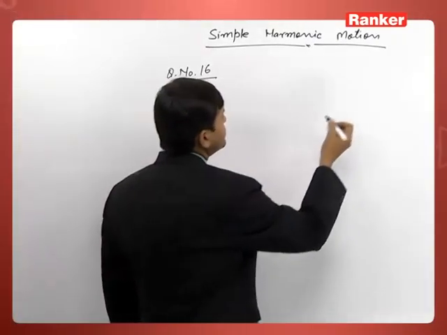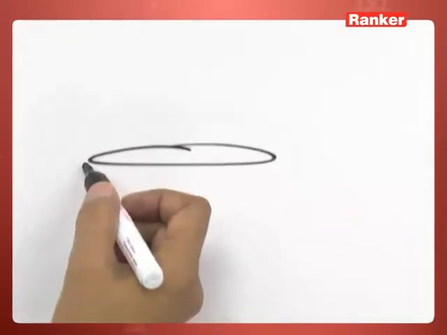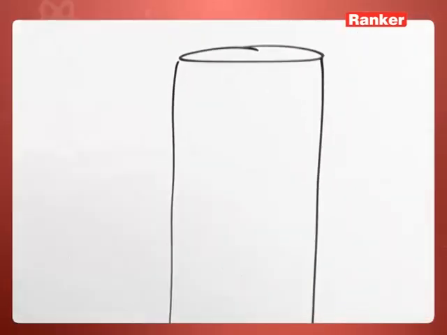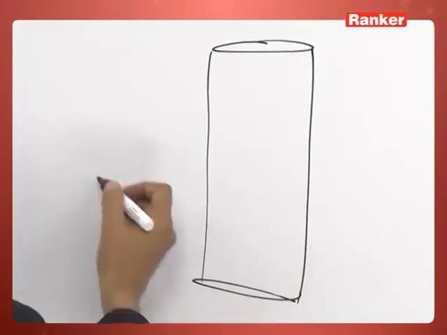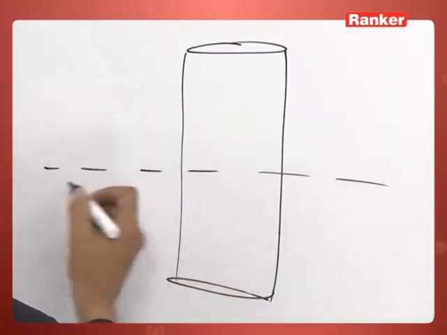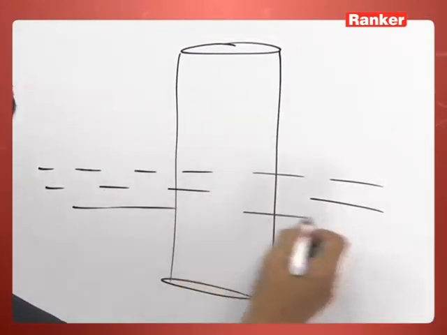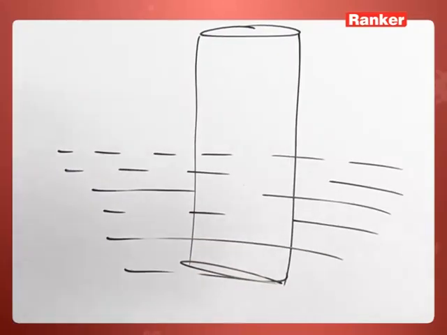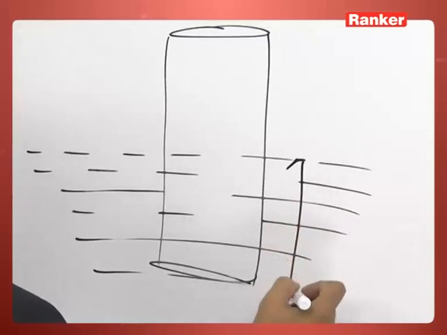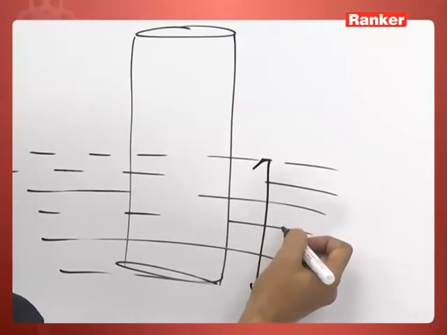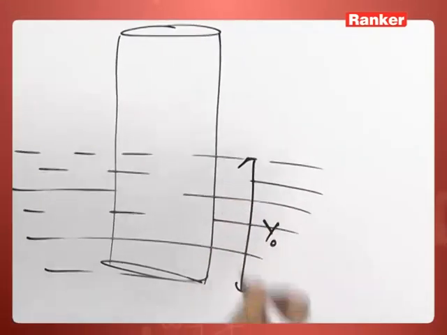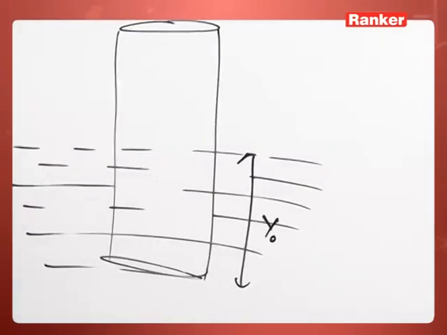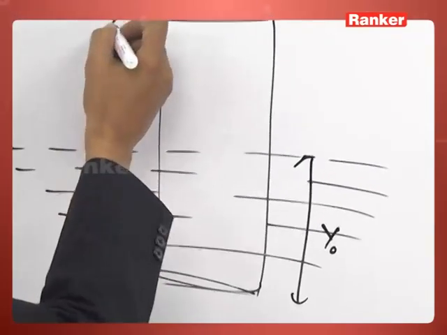It is given a log, right now it is floating on water. So when it is floating on water, at this moment let y naught length be inside the water. Total length of this is l.